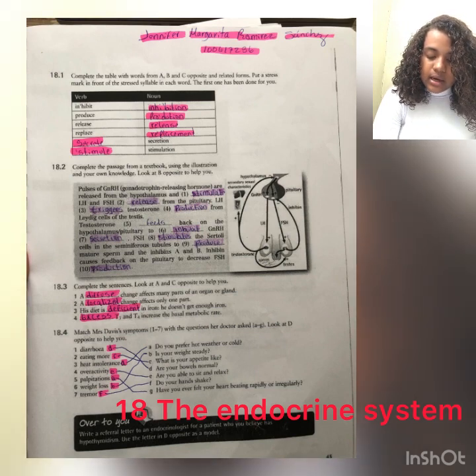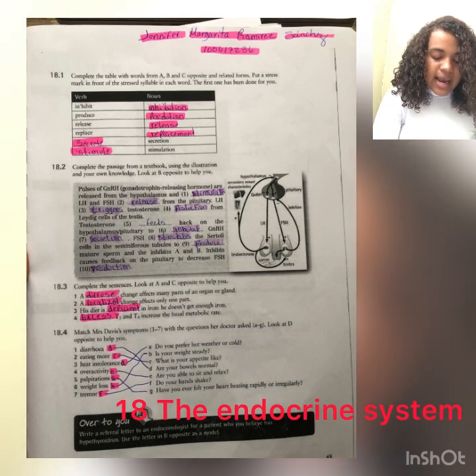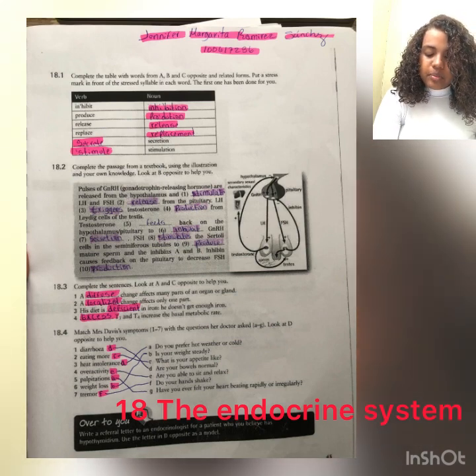Gonadotropin releasing hormone is released from the hypothalamus and stimulates LH and FSH release from the pituitary.